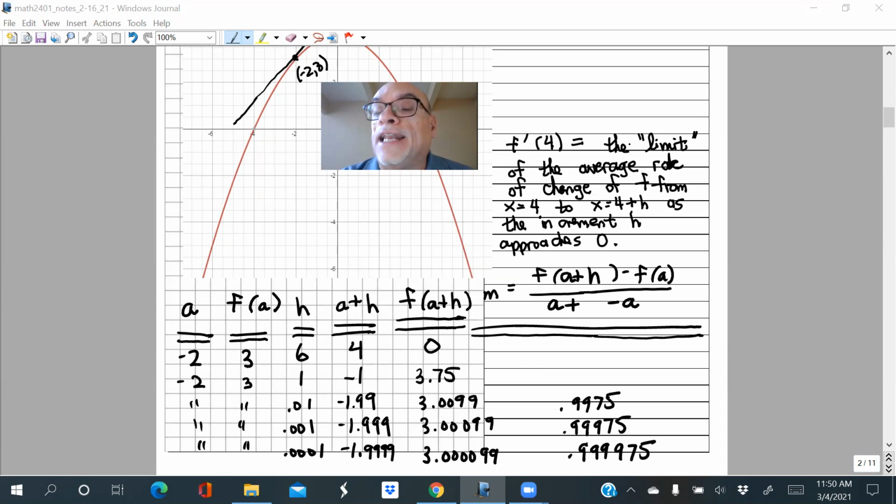And we looked at what those average rates of change were converging to as the increment approached 0. It's pretty easy to see that those average rates of change, the slopes of those secant lines, were approaching -2 in this case. So the instantaneous rate of change at 4 must be -2.